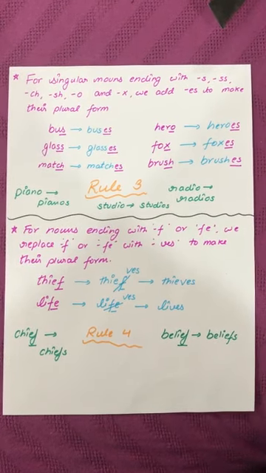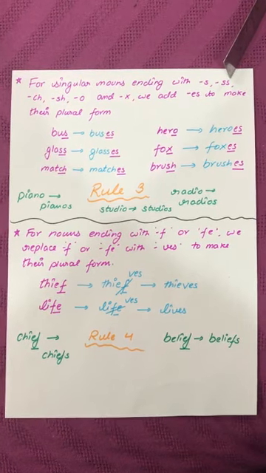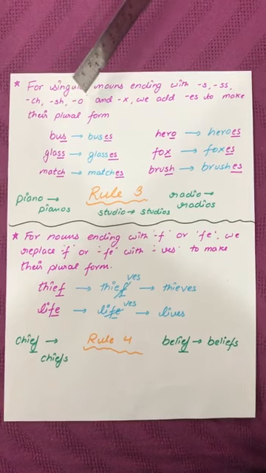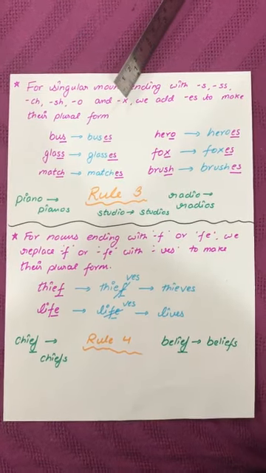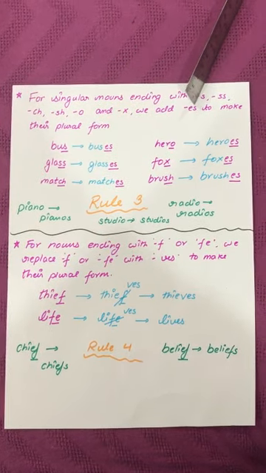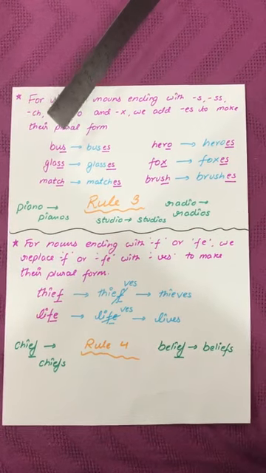So if the word ends with S or SS or CH or SH or O or X, then what do we have to do? We have to just add an ES to the end of the word to make it plural. For example, we have bus.